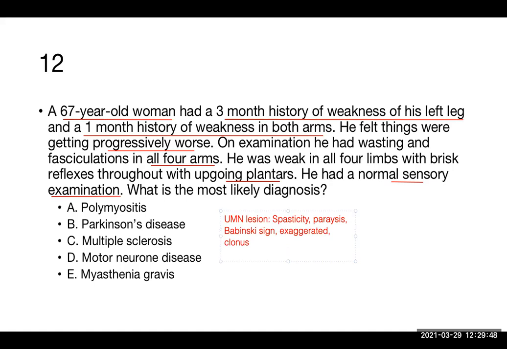Now, what about LMN? Regarding the LMN lesion, we have flaccidity. Decrease in tone is called flaccidity, also known as hypotonia. Paralysis is denser here. This paralysis is much more severe than the upper motor neuron one. Then all the reflexes are absent.